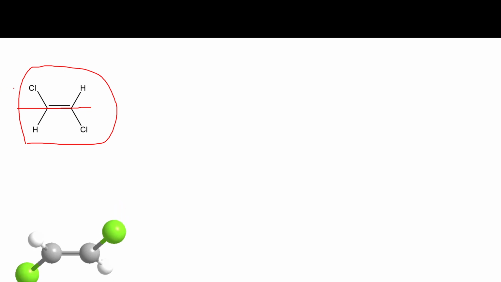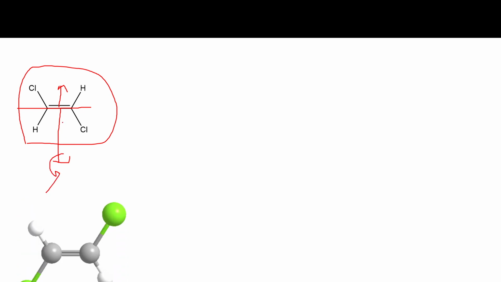Sir, can I tell? Yeah. If we imagine the plane of the board or the plane of the screen, and imagine an axis passing from front to back, then if we rotate by 180 degrees, we will get an indistinguishable one.